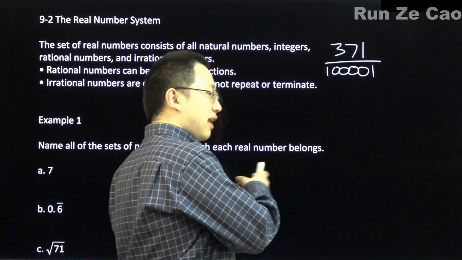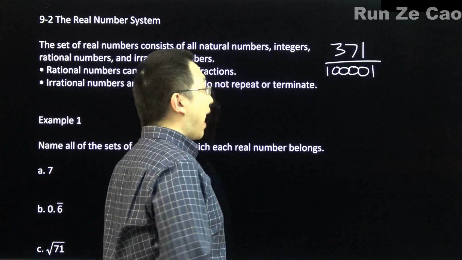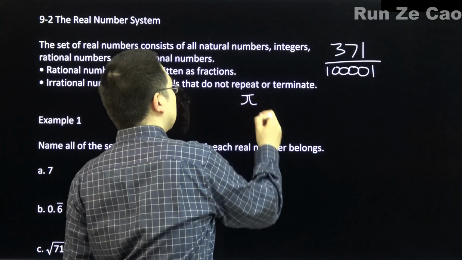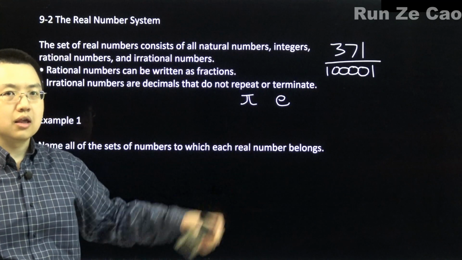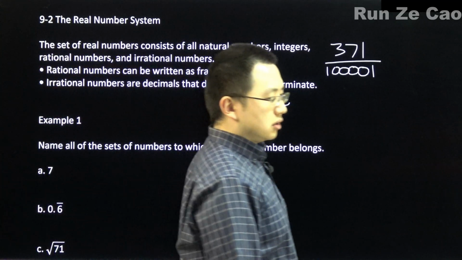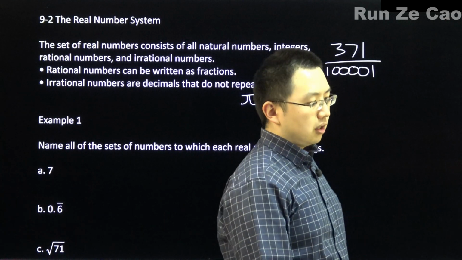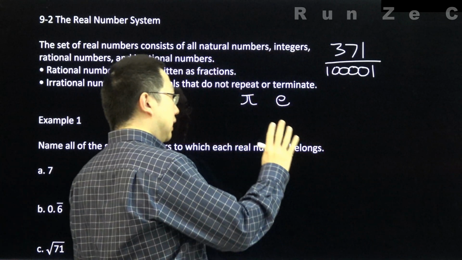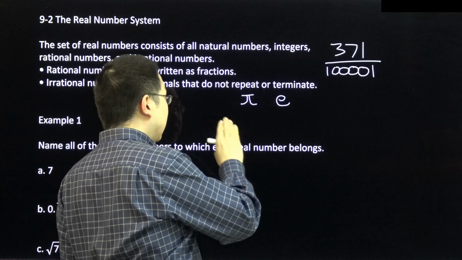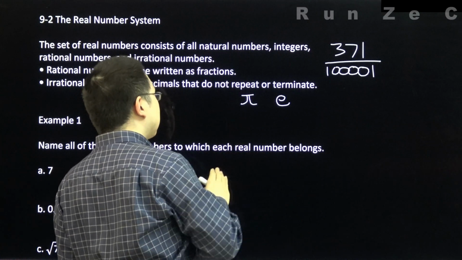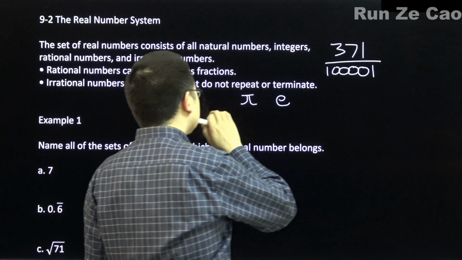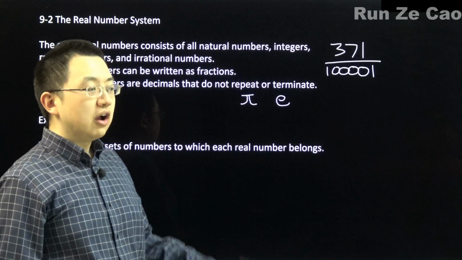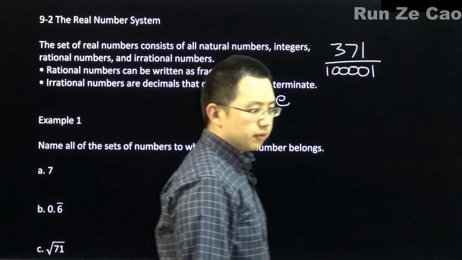So an endless decimal, like say pi or e, the natural coefficient. Pi has infinite places. It does not repeat itself. All fractions, once you divide them out long enough, will eventually repeat themselves.